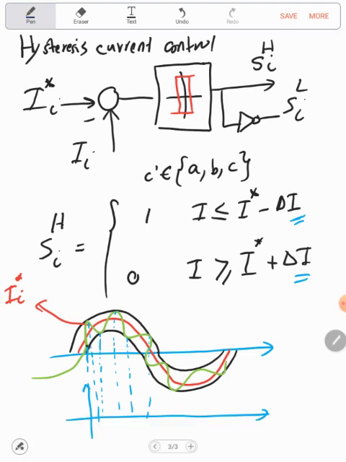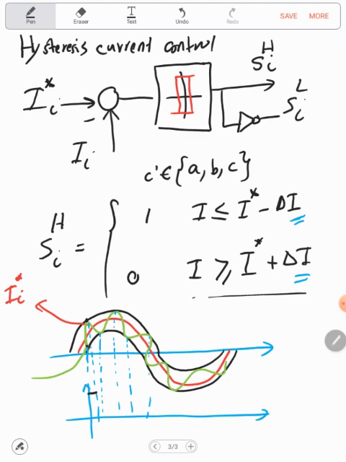Now, if at this point the current is less than or equal to the reference current minus delta I, so delta I is the boundary, then the logic will be 1, and this will continue until we hit the second boundary, where the second condition is satisfied.